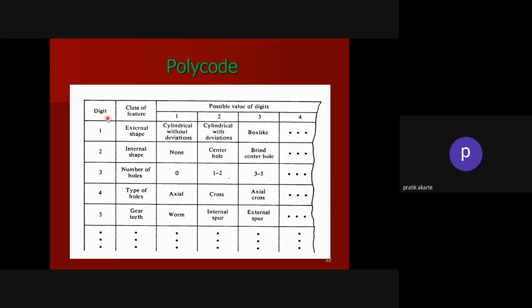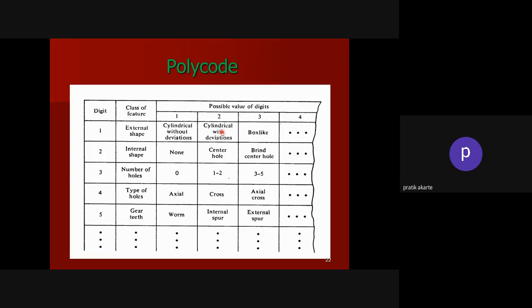So let us see digits 1 to 5, where we have a class of features and possible values of the digit. For digit number 1, the class of feature is external shape. Then in external shape, if we go deeper, the shape may be cylindrical without deviation. So at position 1, if the part is cylindrical without deviation, you can have number 1.